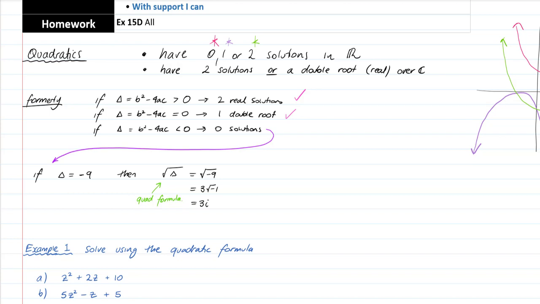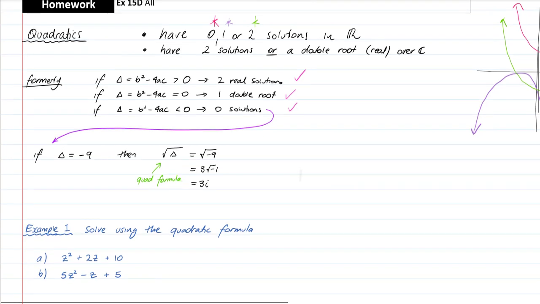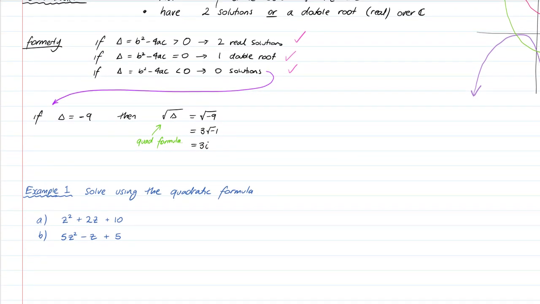And if it is less than 0, then the quadratic has 0 solutions in the real plane, but it has complex solutions available. So for example, if the discriminant is equal to -9, then the square root of the discriminant is the square root of -9, which is 3i. And then we've got a game on our hands because 3i can be included in our solutions, even though that imaginary value gives us an overall complex number.